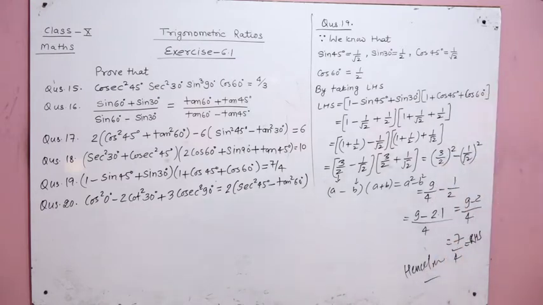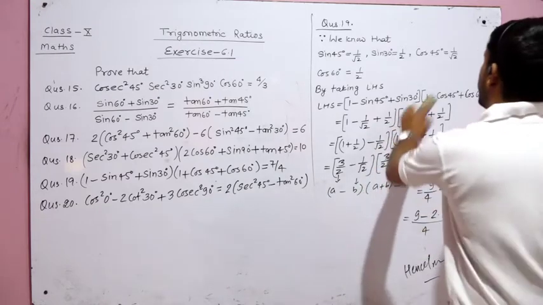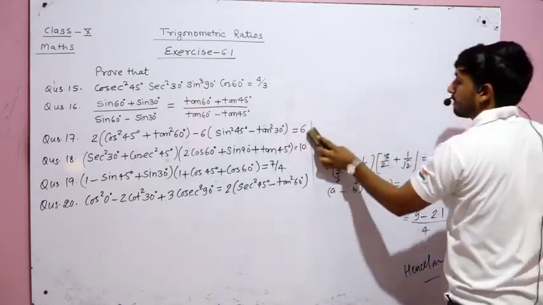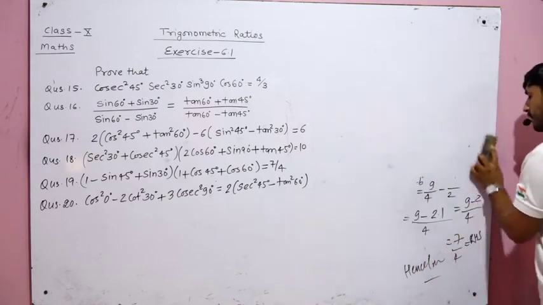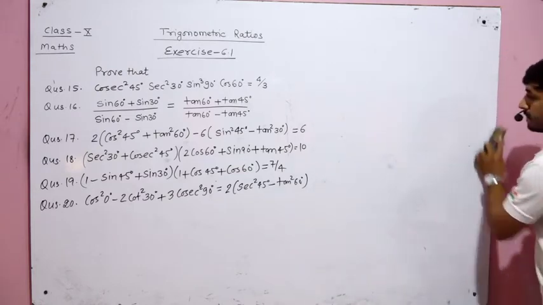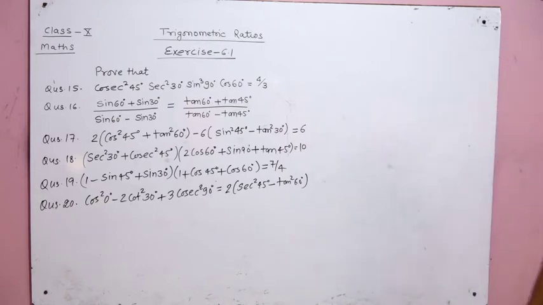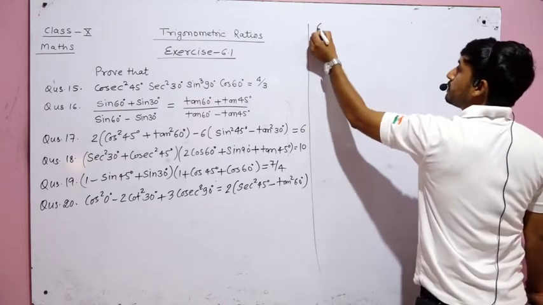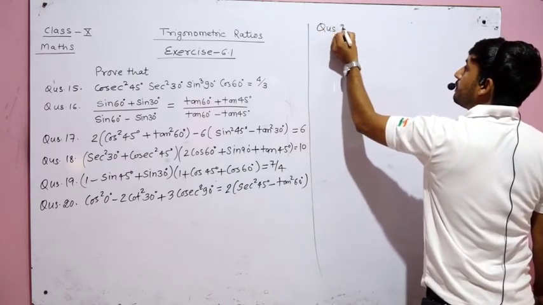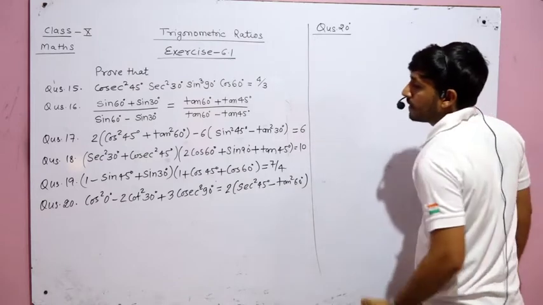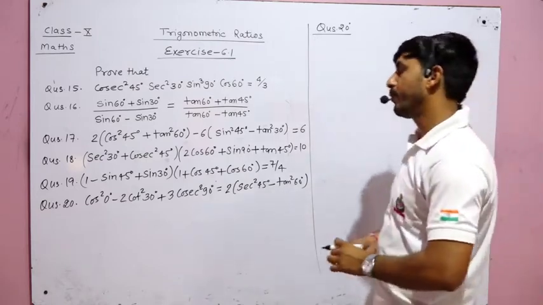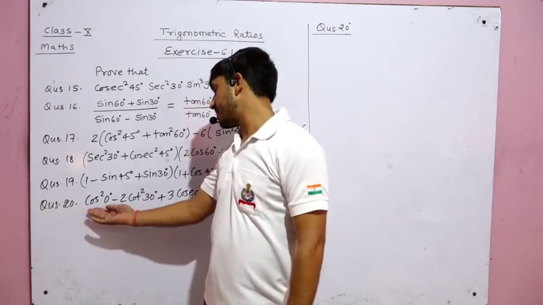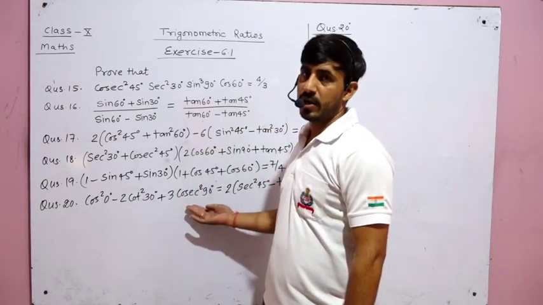The last question, number 20. We have to prove this side equal to this side, and as we can see here, the functions are given in terms of trigonometric ratios.